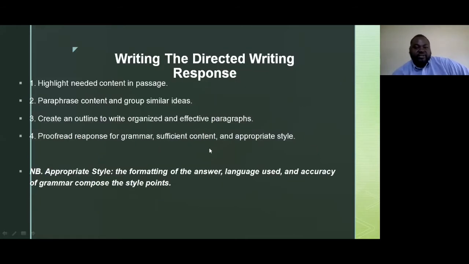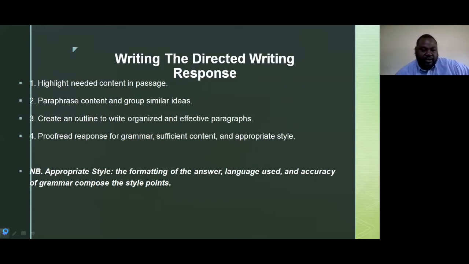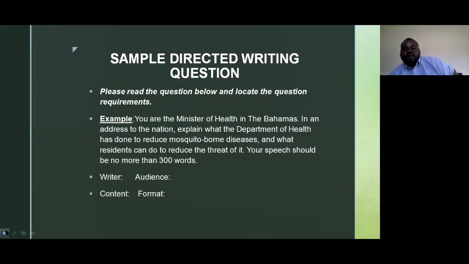Sorry, but I have a little technical difficulty, so I just skipped ahead. Okay, there we are. So as we look in the question, in the second line, it reads, in an address to the nation, explain what the Department of Health has done to reduce mosquito-borne illnesses.